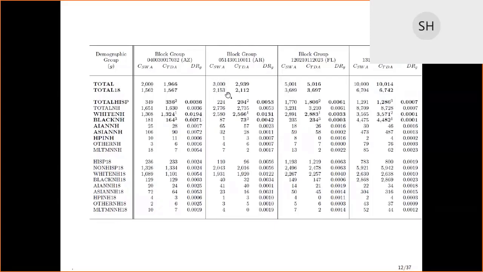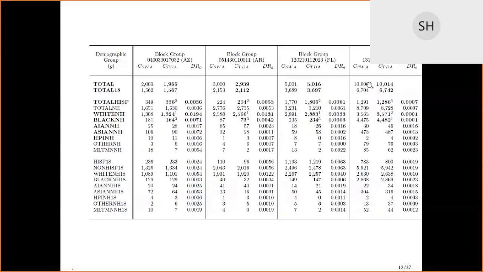The next largest is 3,000. The largest group is white non-Hispanic, 0.0131. You can see maybe a tendency for these differences in ratios to decrease as we increase the size of the block group. Now this is a 5,000, roughly 5,001. The largest demographic group is white non-Hispanic.